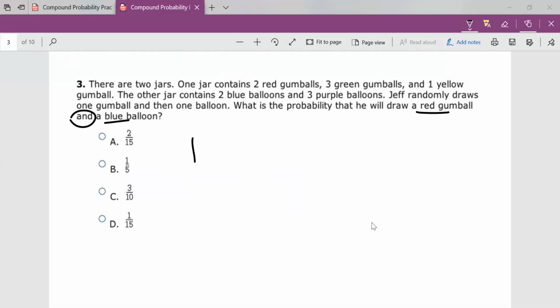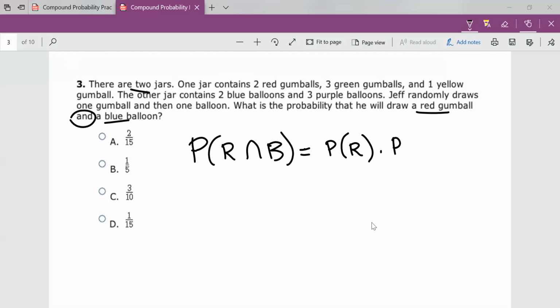Okay, so we're looking for the probability of red. And again, they're independent events because they are in separate jars. So we're looking for the probability of a red from the first jar and then the blue balloon from the second jar. So the probability of the red times whatever the probability of the blue balloon will be.